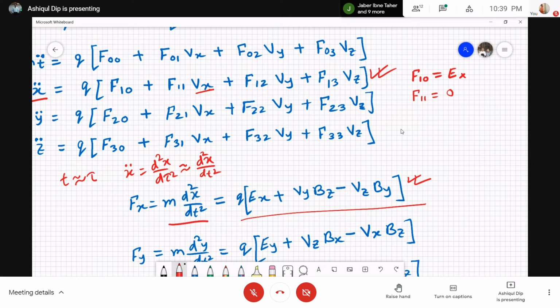Then what about y? f12 should be Bz. Yes, we are comparing this term to that term, right? And then f13 will be minus By. Agreed? Everyone?